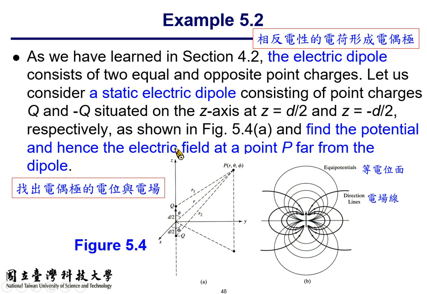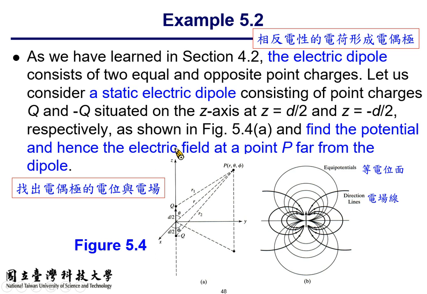Why? Because most of the atomic structure and molecule structure can be separated into a group of positive charge and a group of negative charge. Then the behavior of those charged particles is affected by electromagnetic fields in the background.